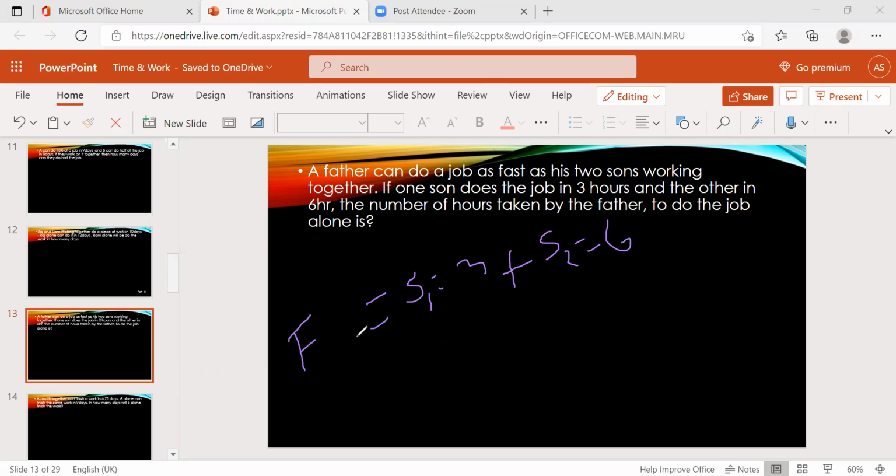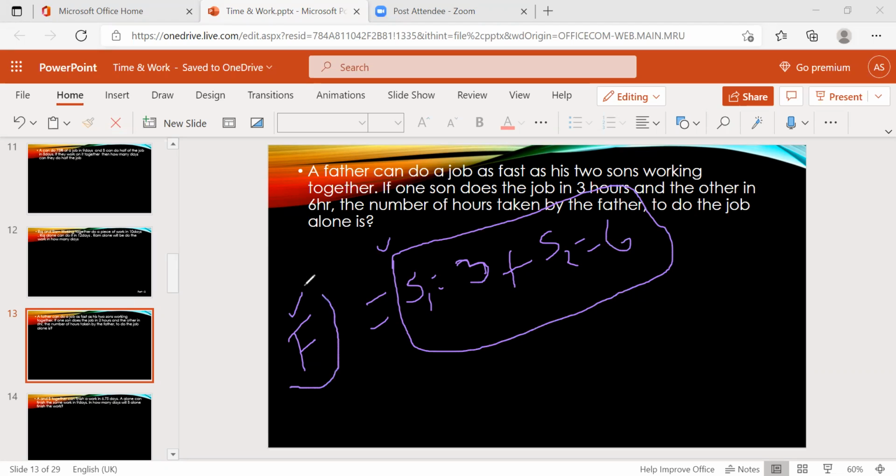So the father alone will do the job, equal to both sons together. Now just see. What they're saying is this one, and we are asked to find this one. If you are asked to find the father, you just take the sons' work together.